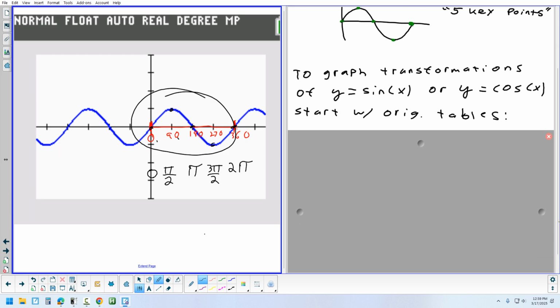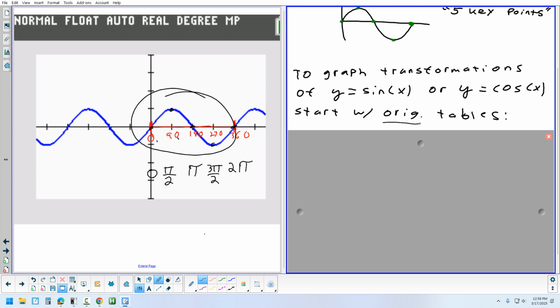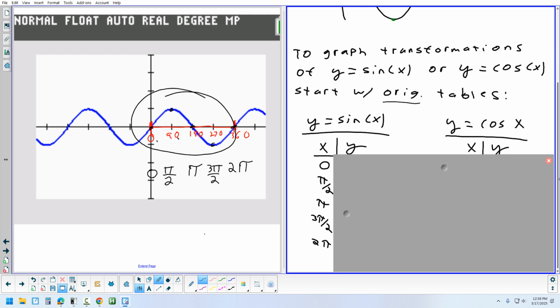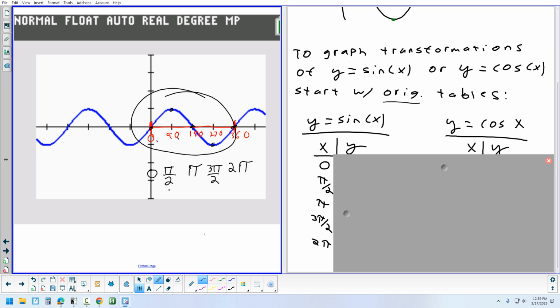So I'm going to give you guys the original tables for sine and for cosine. Let's start with sine. These x values in the original table are coming from these 5 numbers right here: 0, pi over 2, pi, 3 pi over 2, 2 pi.